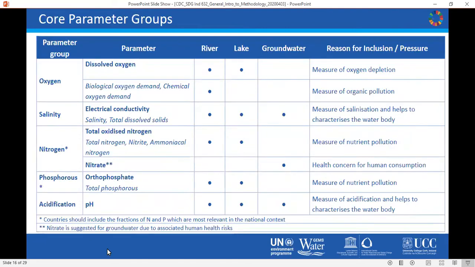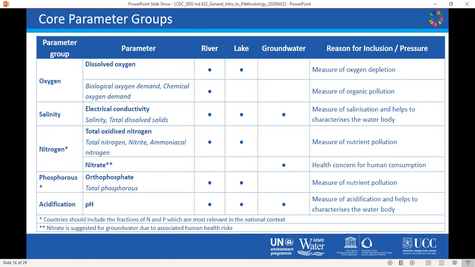This table just quickly shows the list of the parameter groups and the suggested parameters that can be used to represent each of the parameters. So for oxygen, we recommend dissolved oxygen is used. For salinity, electrical conductivity, but some countries routinely measure total dissolved solids, for example.